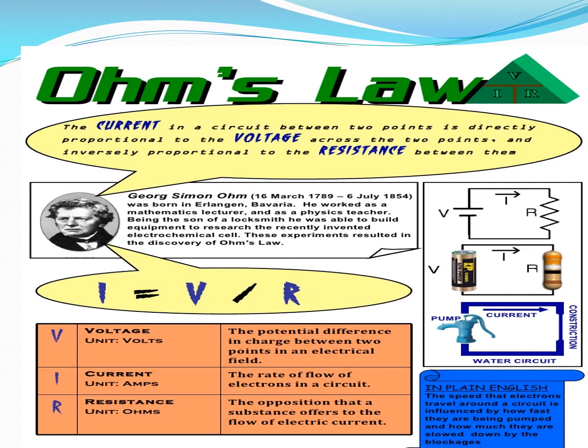And current is inversely proportional to the resistance between the two. What is R? R is nothing but the constant of proportionality, which we call resistance. Resistance means opposition.